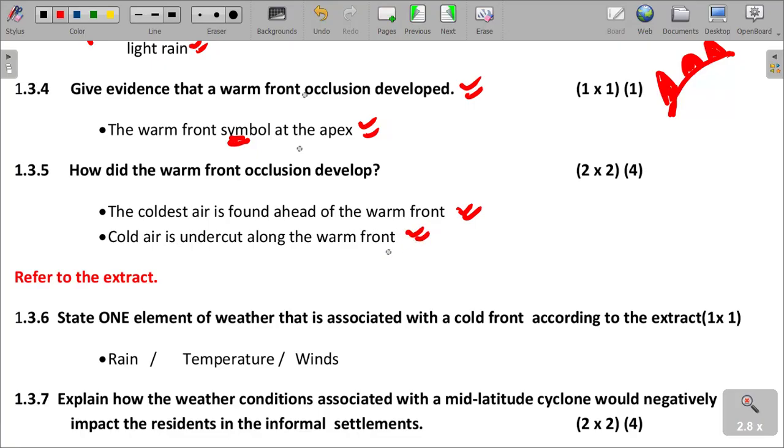The cold air is found ahead of the warm air, so the warm air is behind the cold air and it undercuts that cold air. Therefore, it results in a warm front occlusion, because it is the warm air that is moving, undercutting the cold air.